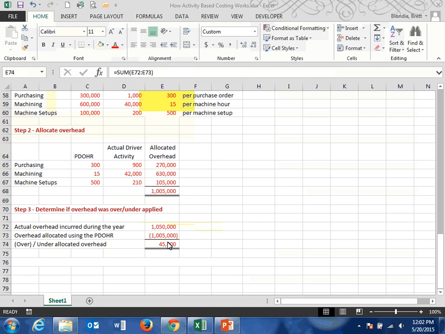So if I'm a company selling boots and shoes and flip-flops, and I'm trying to decide which one's the most profitable, how should I allocate overhead? I'm going to get a more accurate allocation between my boots and shoes and flip-flops if I use ABC. And what that allows me to do is decide, am I selling them for the right price? Am I making money? Which one actually may be losing money?